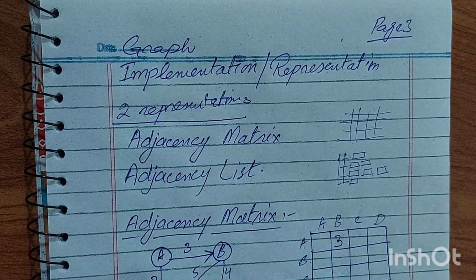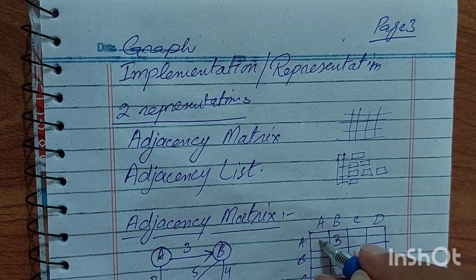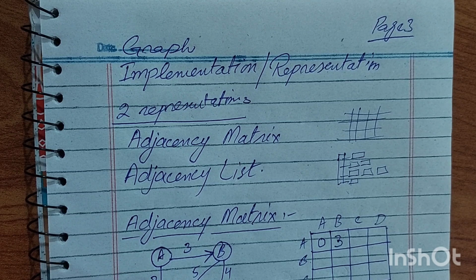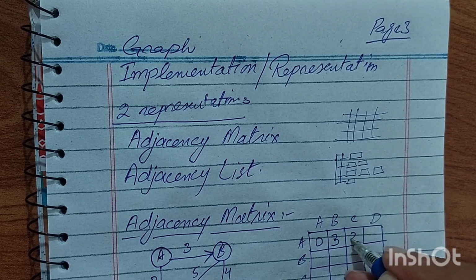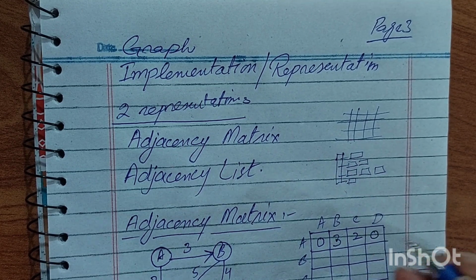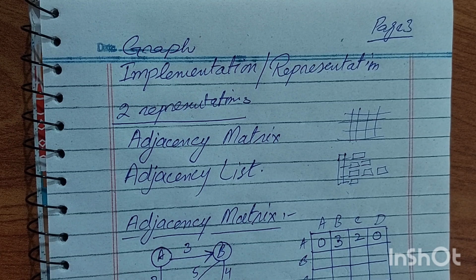There is no edge from a to a, so that is 0. From a to c there is an edge having cost 2, and there is no edge moving from a to d, so that is again absent.